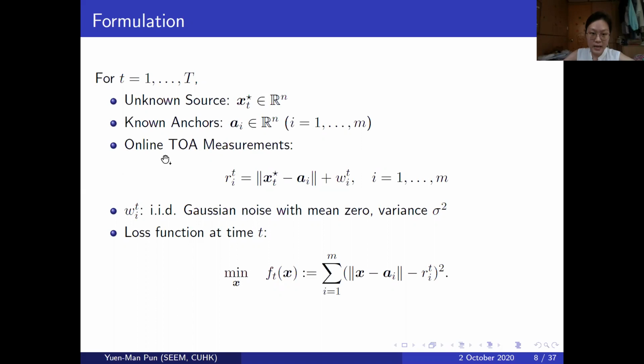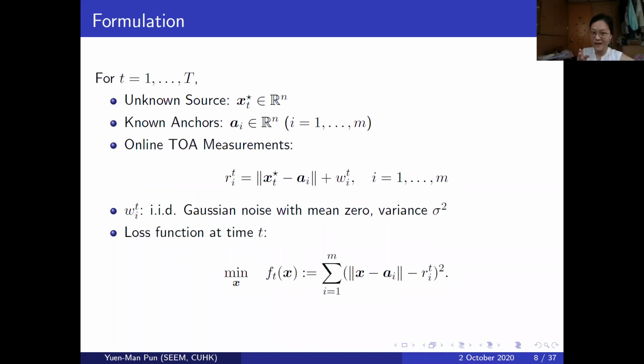Each online TOA measurement is given by the distance between the true source location and the anchors plus some noise. But at time t, we don't know these online TOA measurements r_i,t.